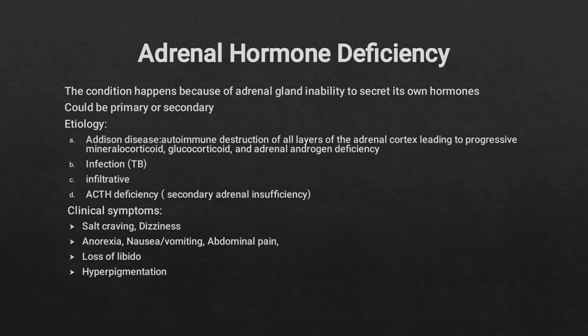Okay, so what are the etiologies? First thing is Addison disease. That's an autoimmune destruction of all the layers of the cortex, leading to progressive mineralocorticosteroid, aldosterone deficiency, and glucocorticoid, cortisol deficiency, and adrenal androgen deficiency. Then the second thing is TB.